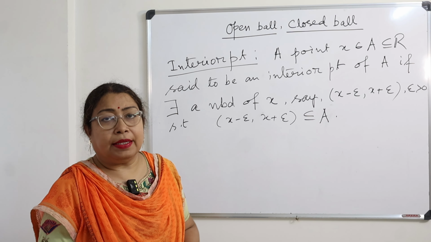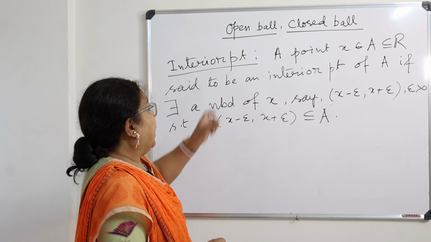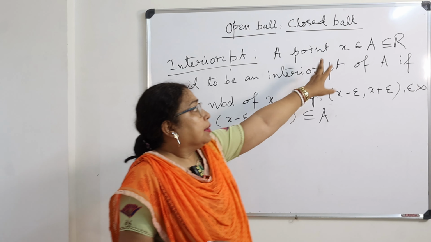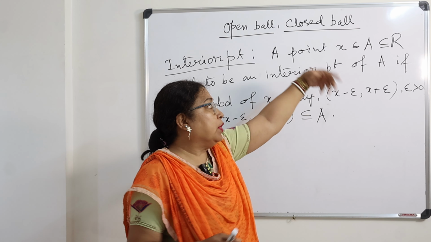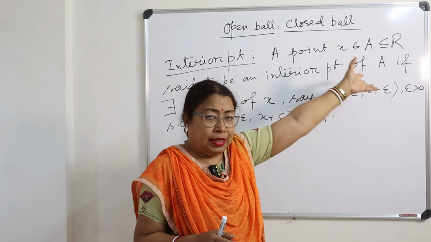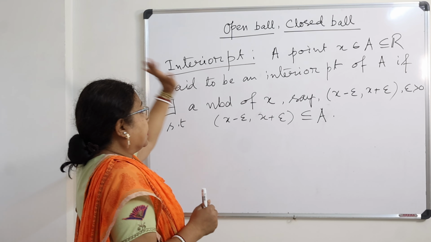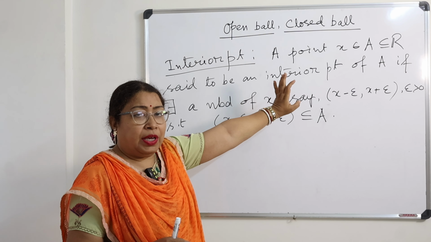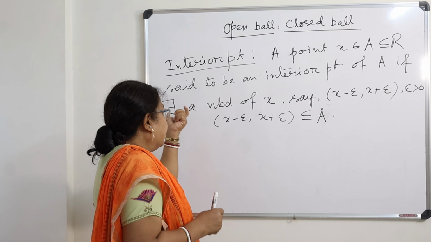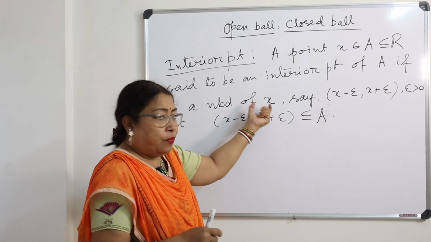In real analysis, you know a point x belonging to capital A, which is a subset of the real number set, is said to be an interior point of A if there exists a neighborhood of x.